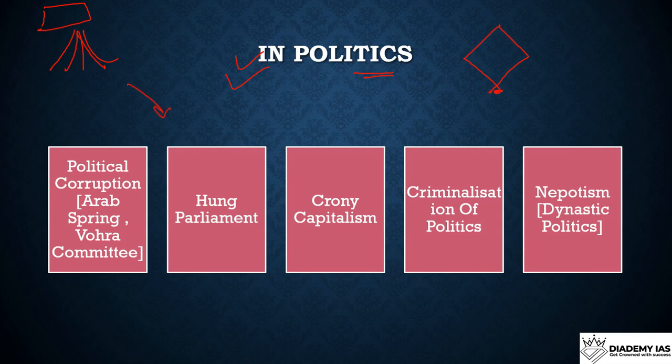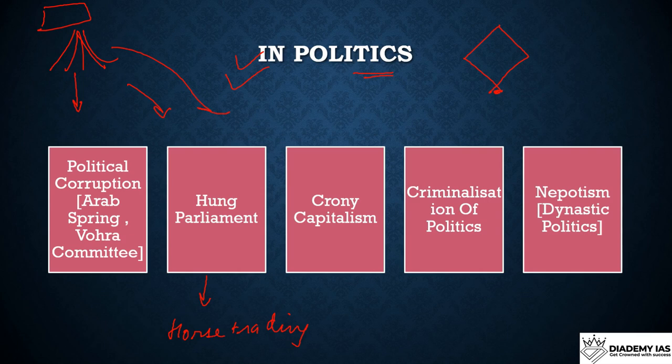Then it leads to horse trading. Then crony capitalism will relate with that. So political corruption leads to every other corruption. The Vohra Committee said it, you can quote this.